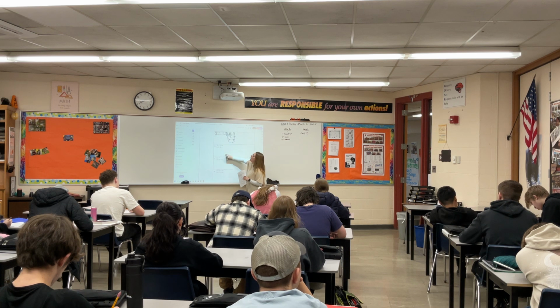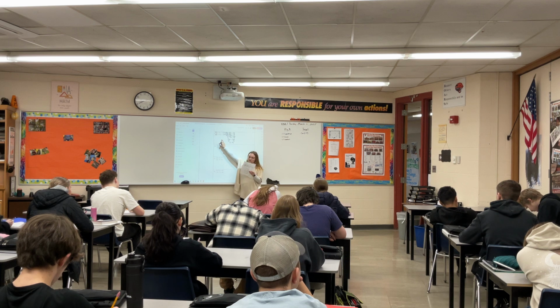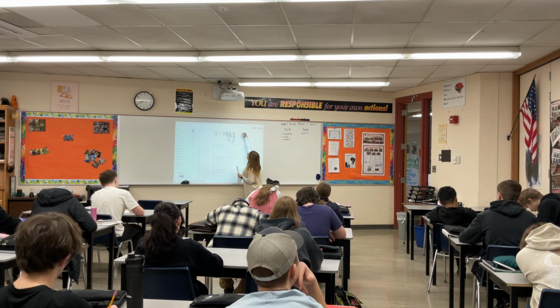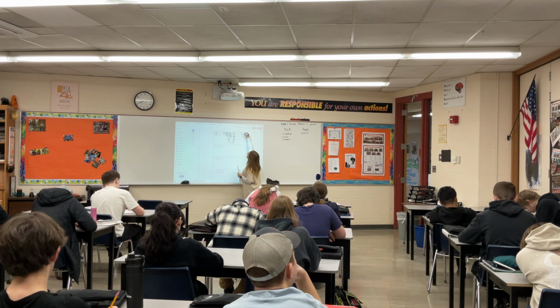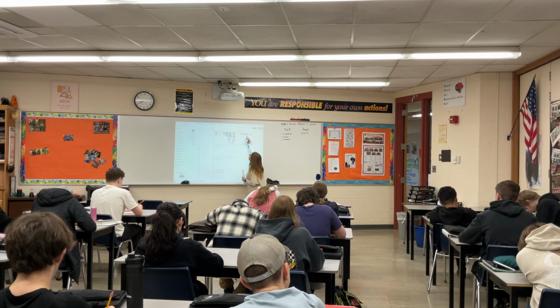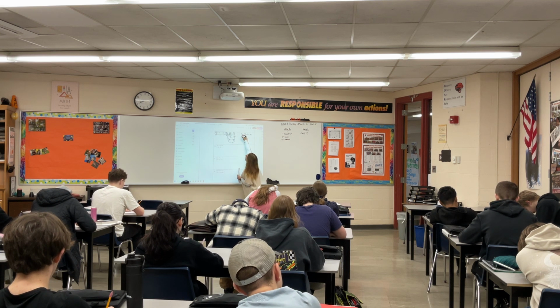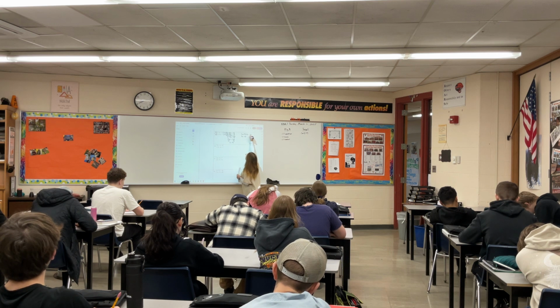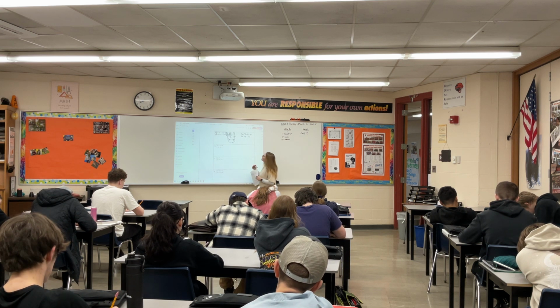Now that I have my y, I can plug it into either one of my original equations to get my x. So I'm just going to use my top one. So I have 5x plus 9 times negative 5 equals negative 10. When I multiply that, I get 5x minus 45 equals negative 10.